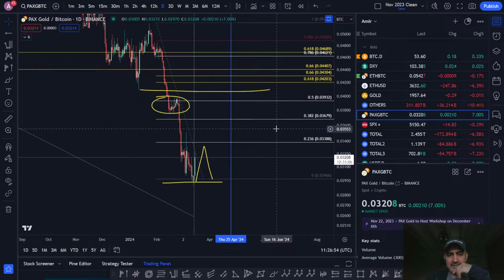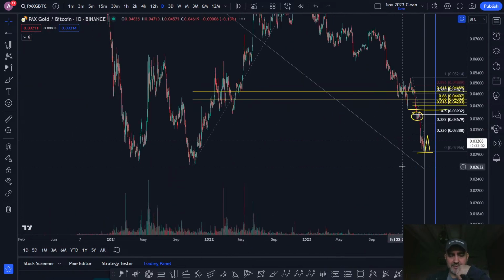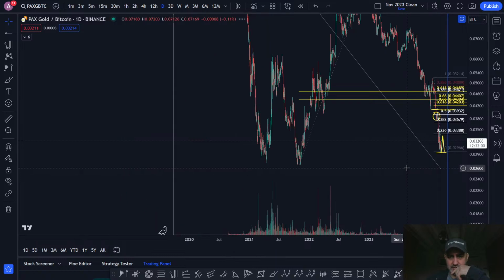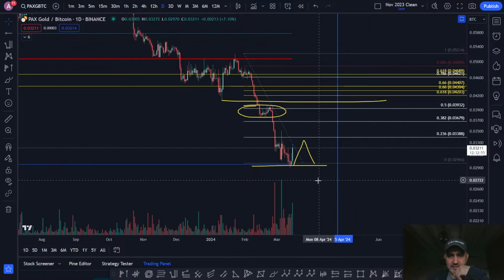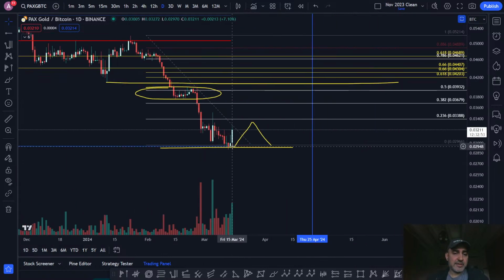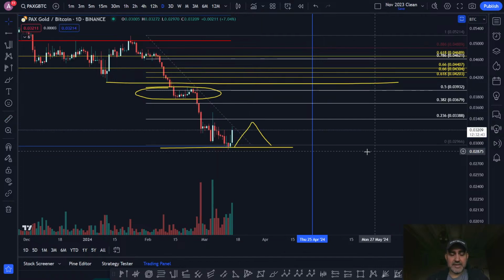You see how PAXG against Bitcoin? It's quite interesting, huh? You see how we came into, look, you see this? I drew this yesterday. We came into support at the value area low, and look, price just bounced back up. How many percent? 8% against Bitcoin.